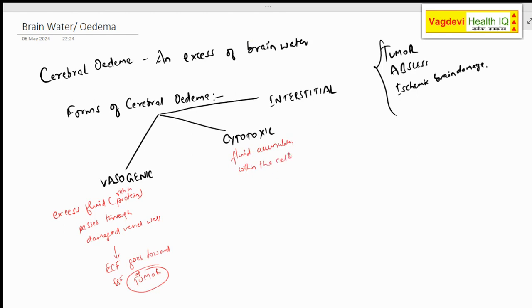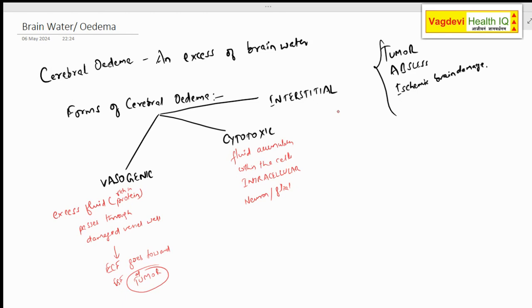Clear? It accumulates within the cells, so it is basically intracellular. So understood the difference now? It could be a neuron cell or a glial cell. Glial cells are supporting cells of the CNS, right? In our basic anatomy lecture, we have seen all these things.